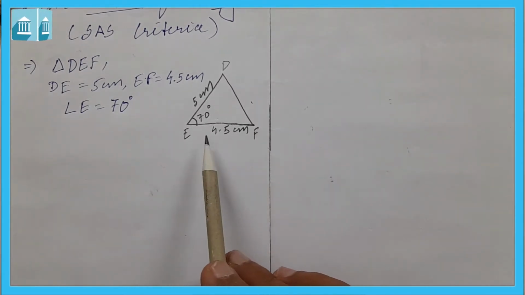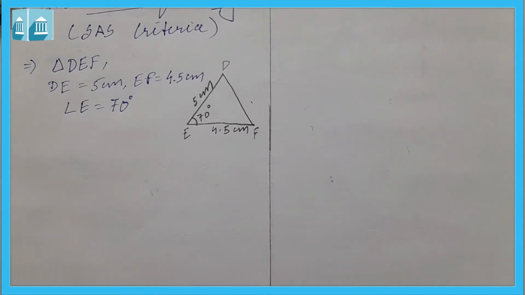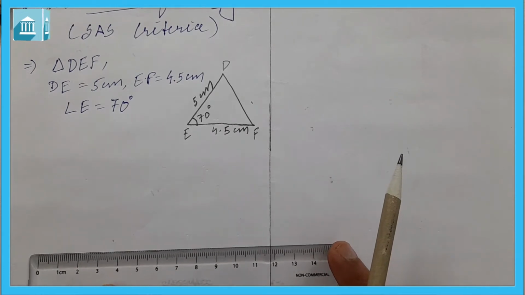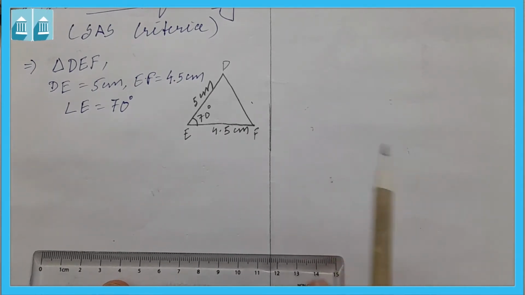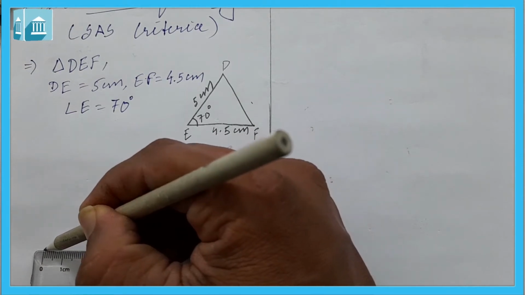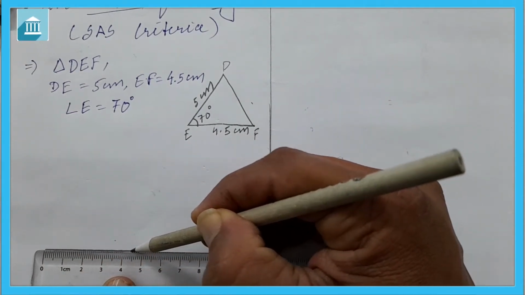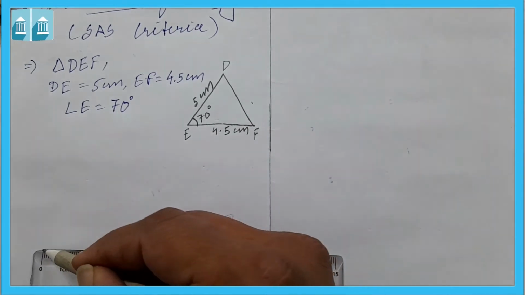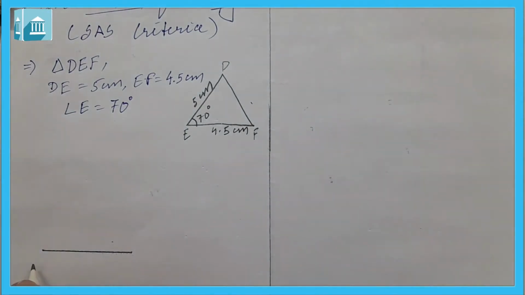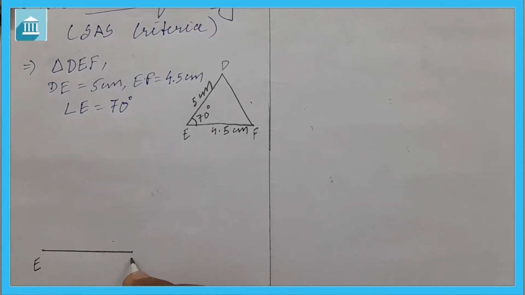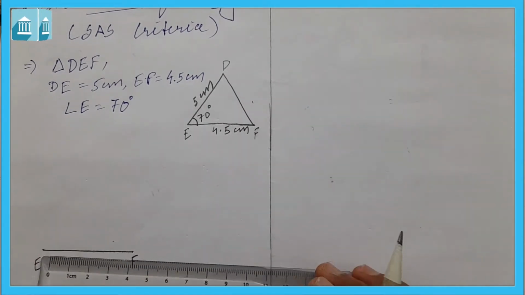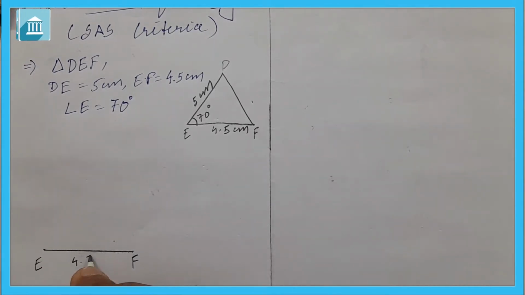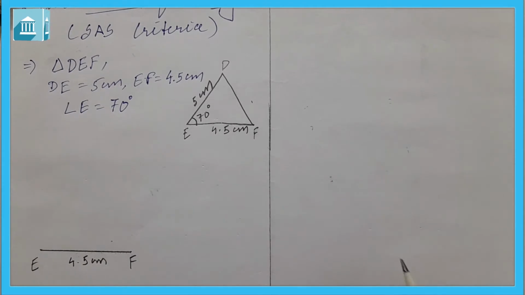So here the base is given, EF is equal to 4.5 centimeter. So first we will draw 4.5 centimeter. This is our EF. EF is 4.5 centimeter. We will write it here, 4.5 centimeter.